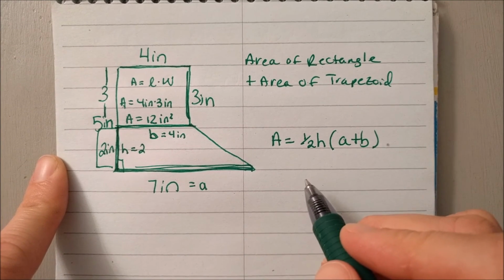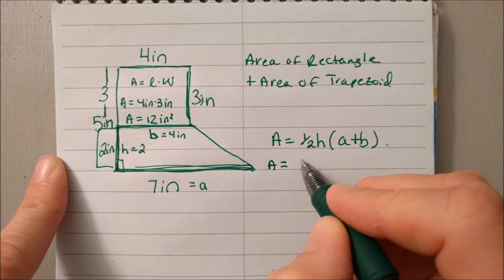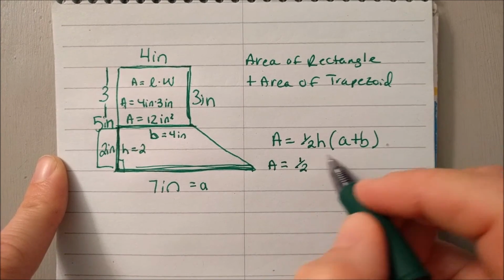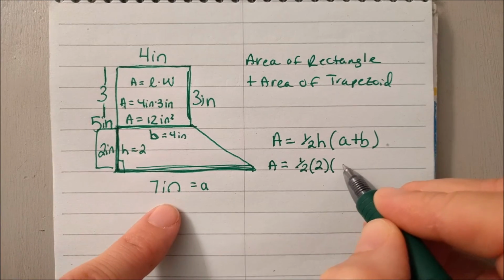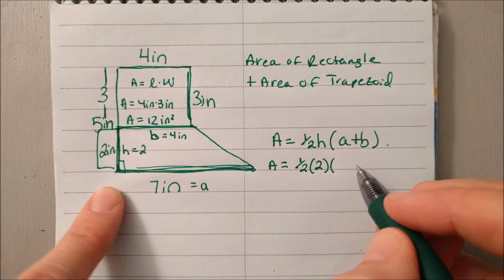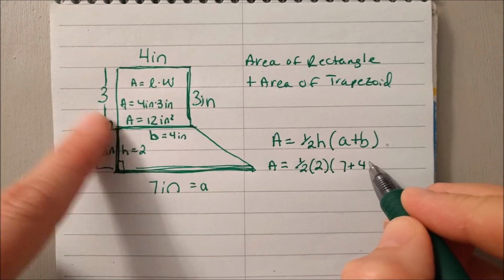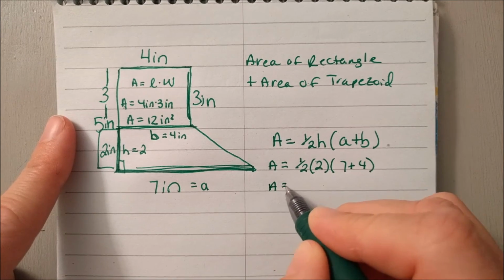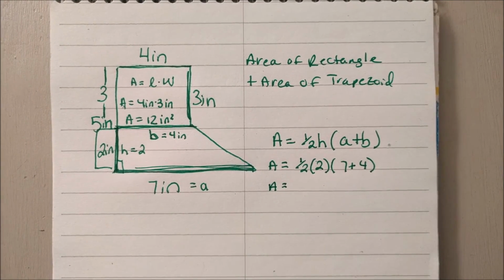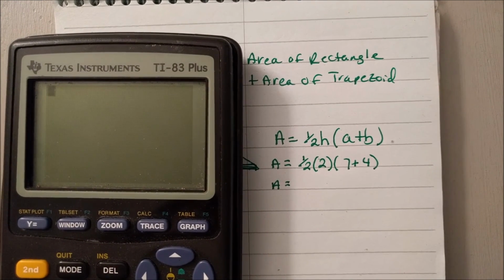And I'm just going to plug these numbers right into the formula. And then just use a calculator. So I've got 1/2, my height is 2 times A plus B. My A is this base, 7, plus my B is this other base, the top base, 4. All right, go ahead. You can use a calculator, which I'll go ahead and pull out right here. And I'm just plugging in.